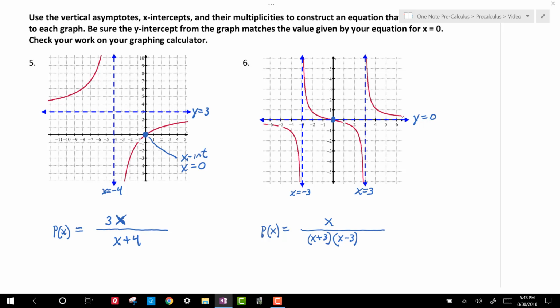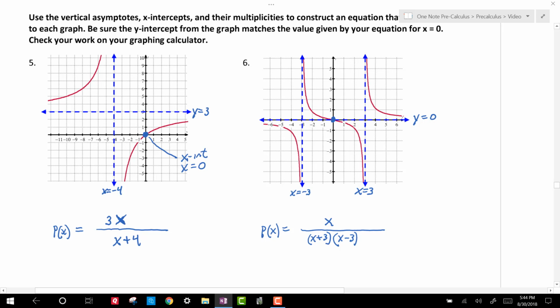If I look at my function right now, the degree of the numerator is 1, the degree of the denominator is 2, because x times x is x squared. All right, so that fits with a horizontal asymptote at y equals 0. My factors in the denominator would definitely create the 2 vertical asymptotes, and if we plug in 0 for x, let's do that.